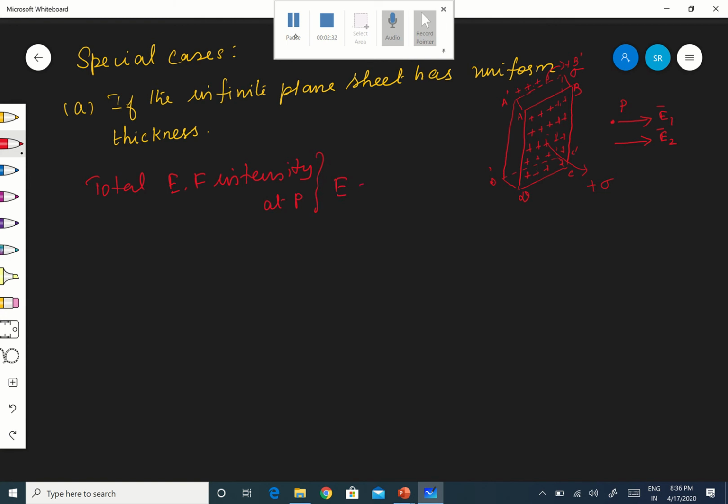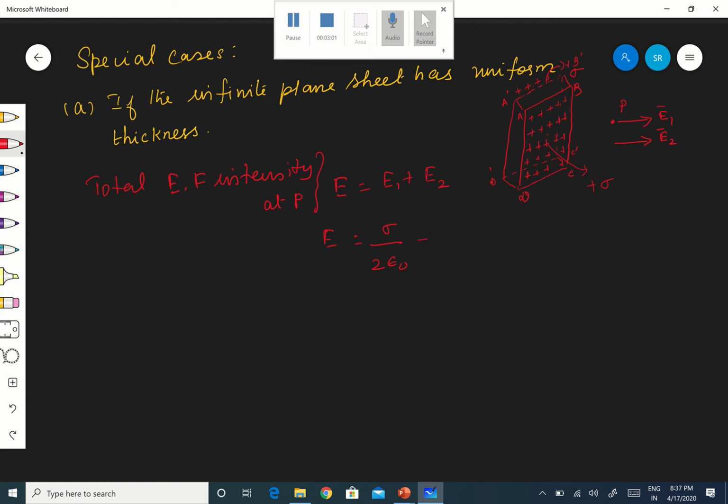Therefore E equals E1 plus E2. Both are in the same direction, and due to a thin sheet of charge, the electric field intensity is sigma by 2 epsilon naught. And the thickness is small, therefore, as I told you, it is independent of the distance. The electric field intensity is independent of the perpendicular distance from the charge sheet.